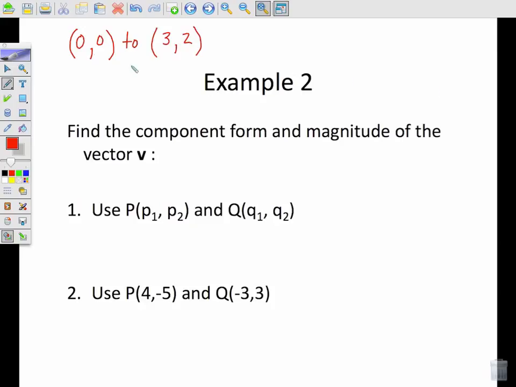Let's say this is point P and this is point Q. So the vector from P to Q would be equal to, in component form, what you do is you subtract. So you would subtract 3 minus 0, comma, and then you subtract 2 minus 0. So our vector in component form would be 3, 2. And what that really identifies is a location.